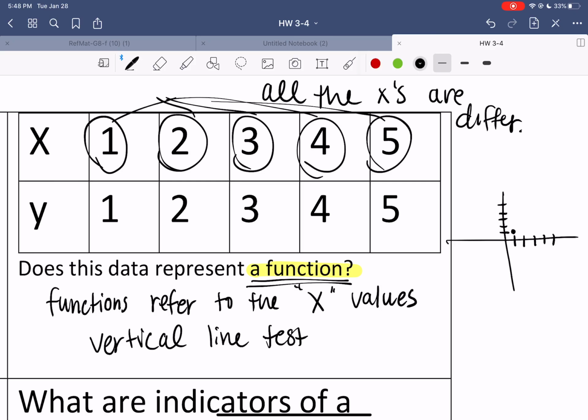So again, if you were to draw that line, and if you were looking at a vertical line test, if this was a vertical line, it would only touch one point, so this would pass the vertical line test, and so you could see if it was a function that way.